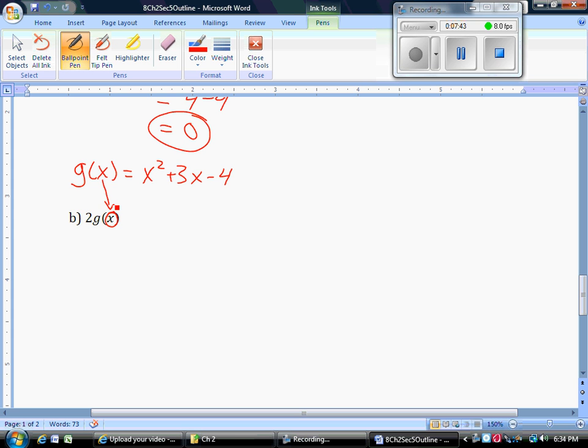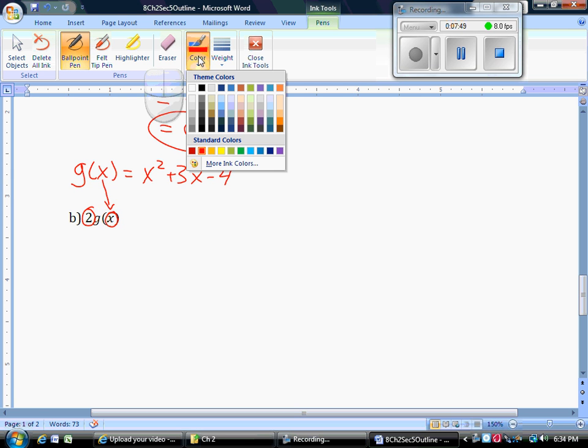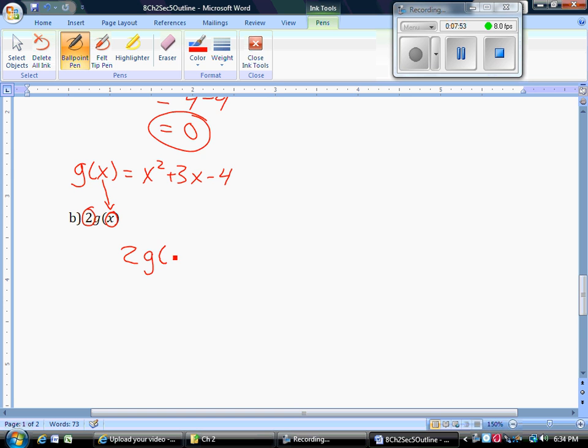No, it's still staying as an x. What I'm doing is I'm taking the number 2 and multiplying it by g. So if I want 2g of x, I'm going to take 2 and multiply it by g of x, which is x squared plus 3x minus 4.